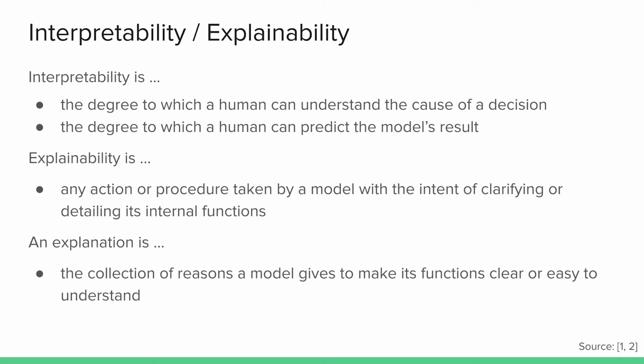And in contrast to interpretability, explainability is an active characteristic. So the model is actively trying to clarify and explain its internal behavior to us. And an explanation, finally, is the collection of reasons the model can give us to understand why it has taken a certain way and make its functions clear and easy for us humans to understand.